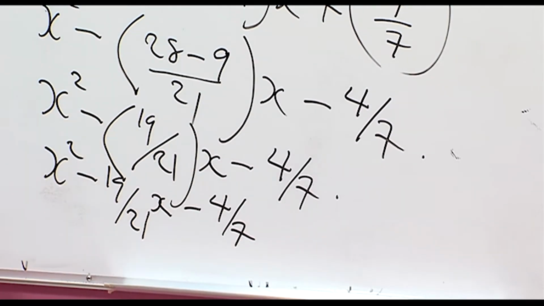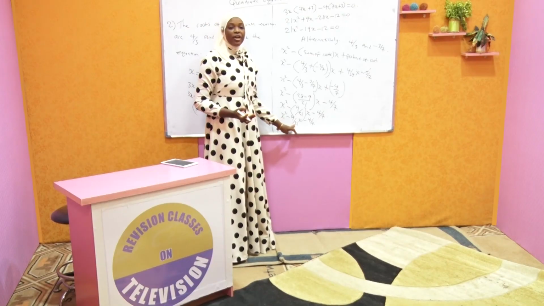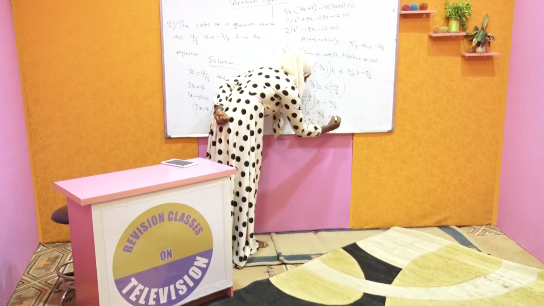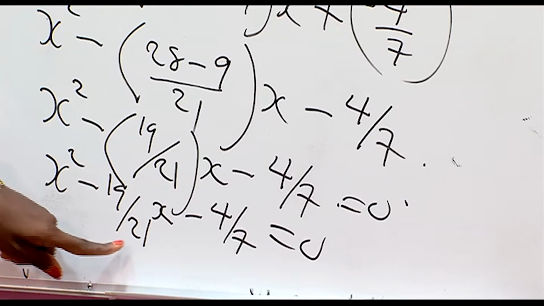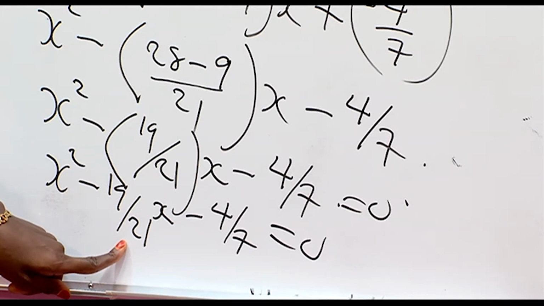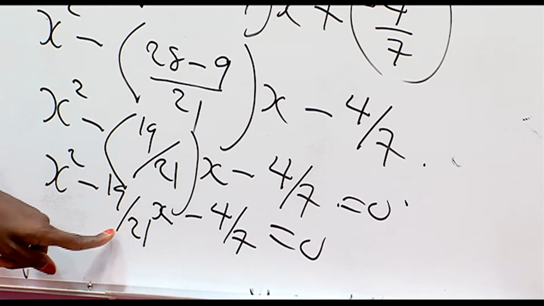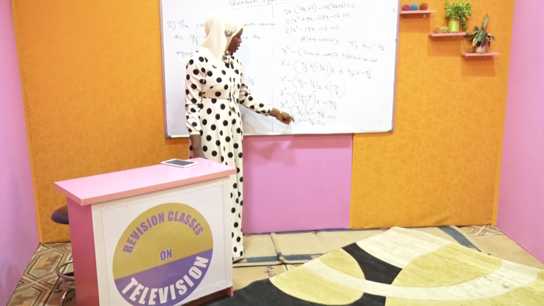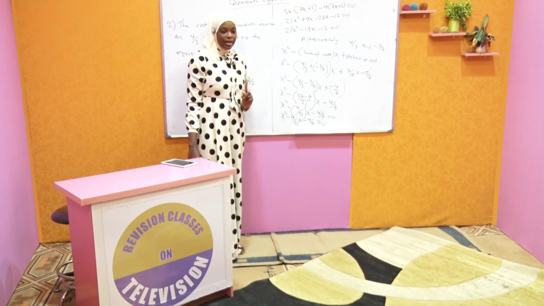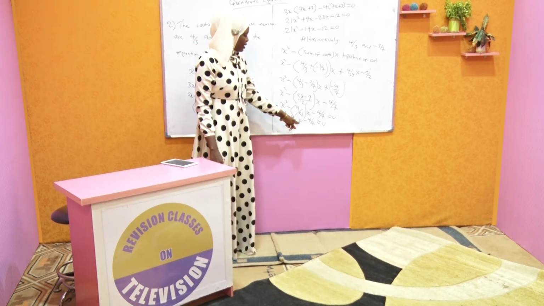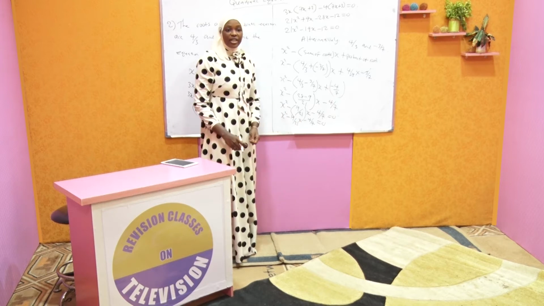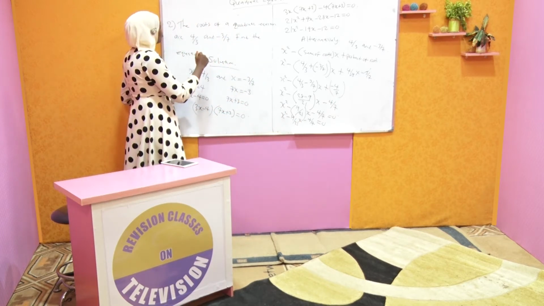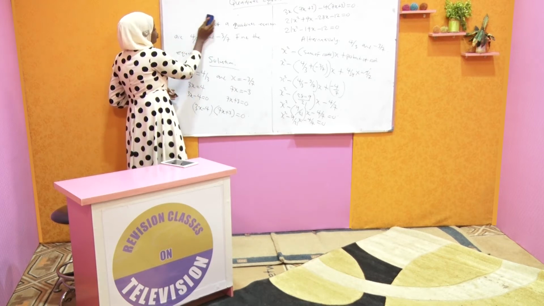Let me equate this to 0. I want to clear this fraction so that I will not have any fraction. You divide each term by the LCM of your denominators, that's the LCM of 21 and 7, which is 21, because 21 can go in 21 and 7 can also go in 21.